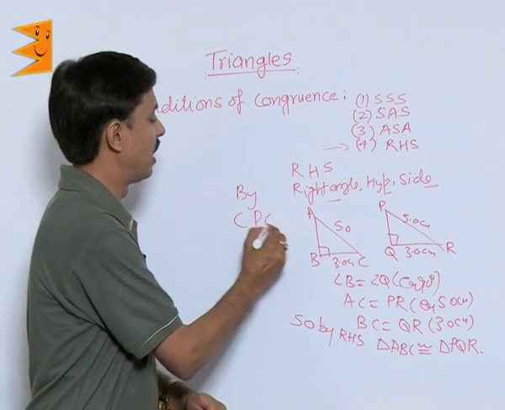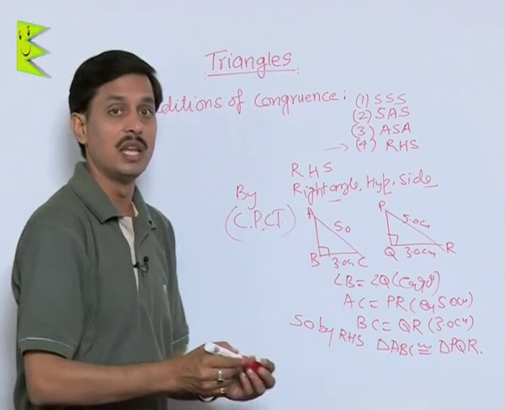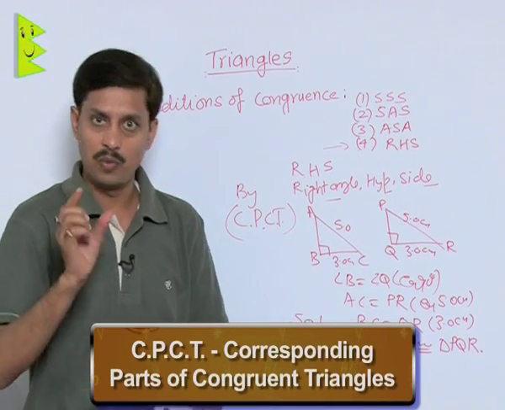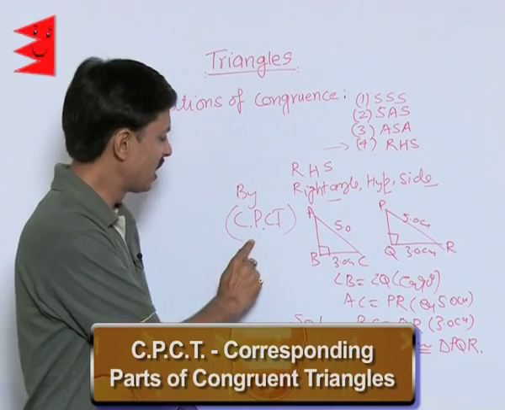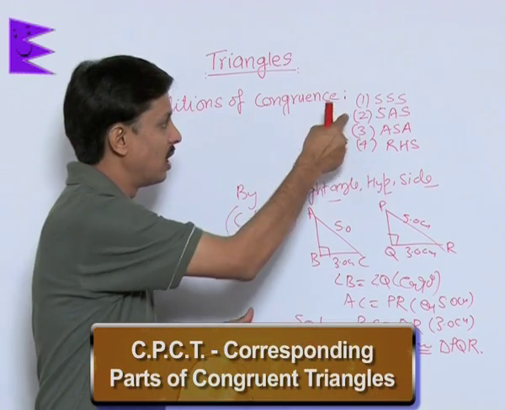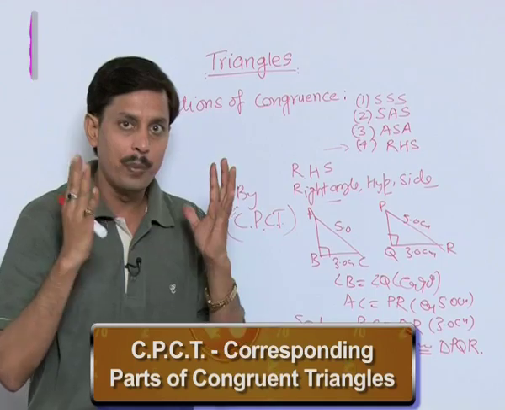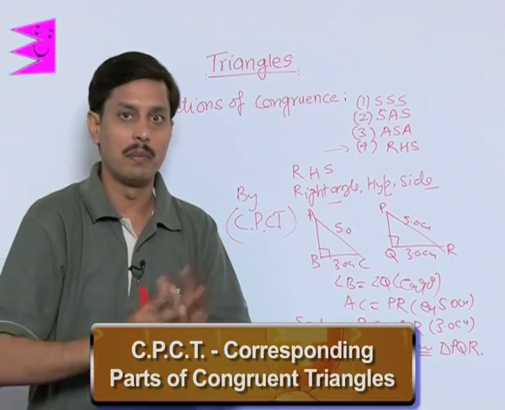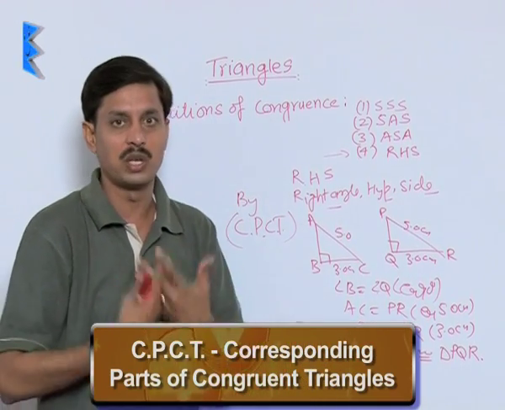You must have heard all the time CPCT, that is corresponding parts of congruent triangles. But this CPCT is applicable only when you have applied one of the conditions and proved that triangles are congruent by the 1st, 2nd, 3rd or 4th condition.